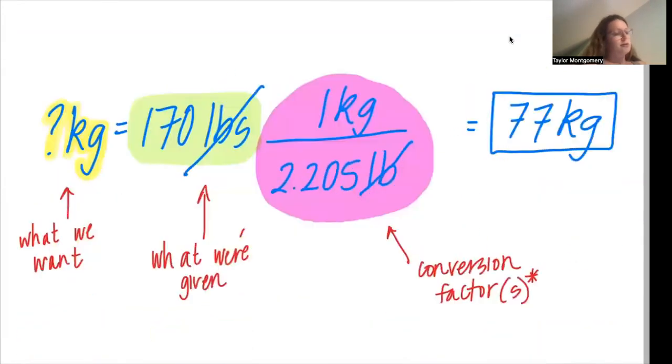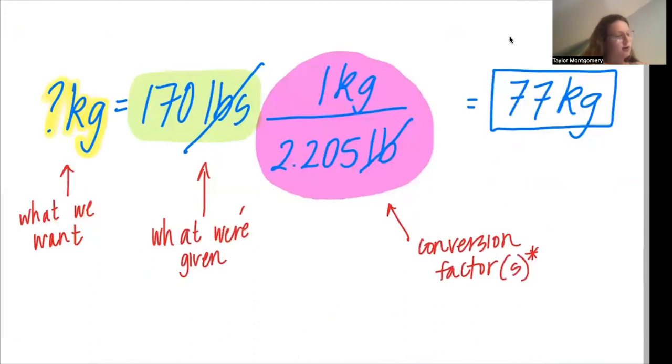All right. So again, just to reiterate, what we want is here in yellow. So we were looking for kilograms. How many kilograms is equal to what we're given, which was 170 pounds. And then we use our conversion factor. And I know to put pounds on the bottom because I have pounds right here on the top.